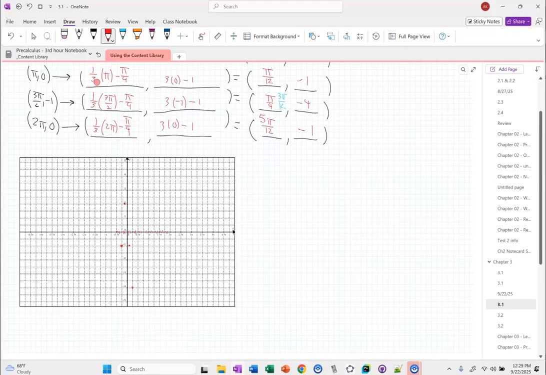And then we're like 2 tick marks over back up to negative 1. So that's kind of what I would do in this case.